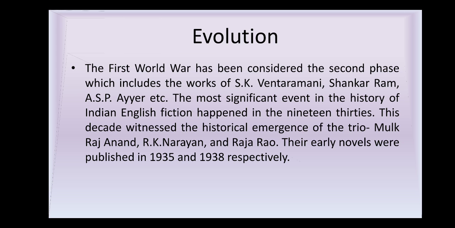Their early novels were published in 1935 and 38 respectively, and they are even now believed to be the finest painters of Indian sensibilities. Why? Because they try to revive the ancient tradition of the epics and the Puranas of India. So they are known together as the major trio, and they produced epoch-making fictional works in India.